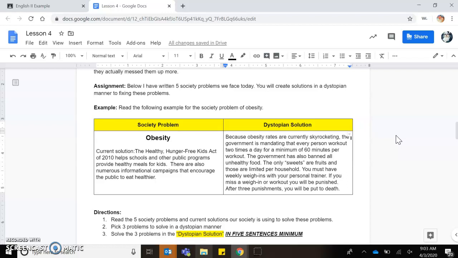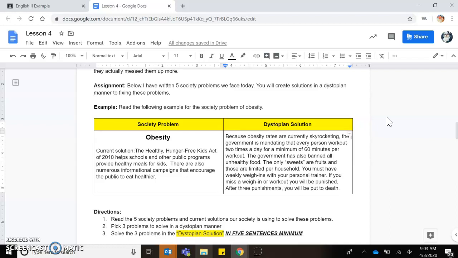You must have weekly weigh ins with your personal trainer, and if you miss a weigh in or workout, you will be punished. After 3 punishments, you will be put to death. That is an extreme reaction to the obesity problem. So basically that is what you are doing. You are taking a society problem we have today and you are doing an extreme reaction to it.